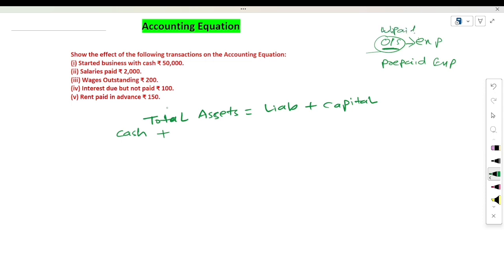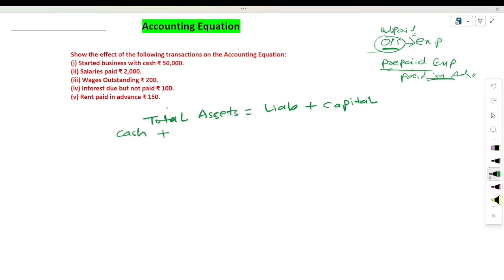Unpaid amount is known as outstanding amount. It means in business, all those expenses which have been incurred but not yet paid are known as outstanding expenses. And prepaid expenses are those expenses which have been paid in advance.